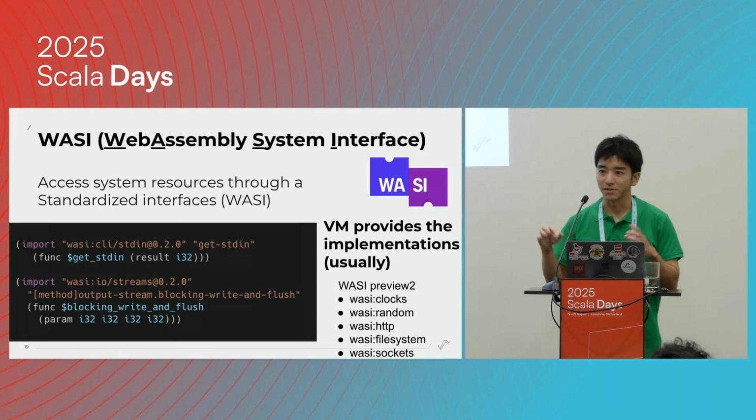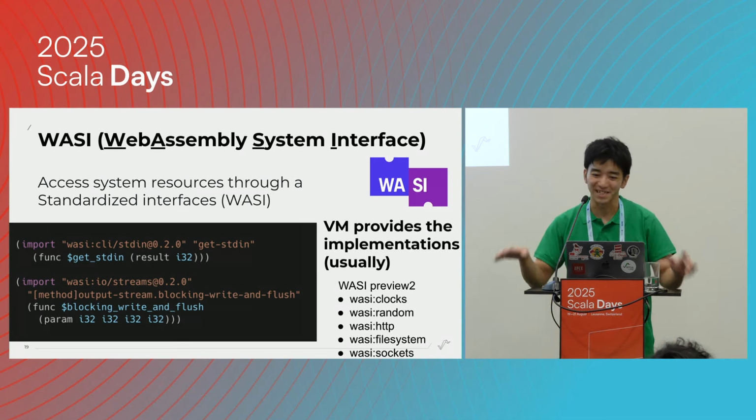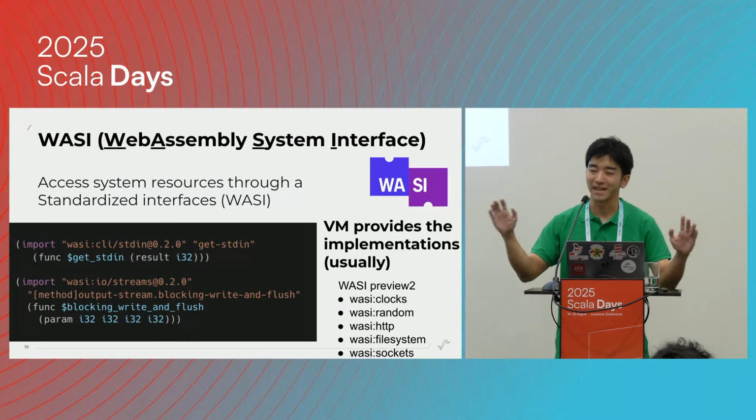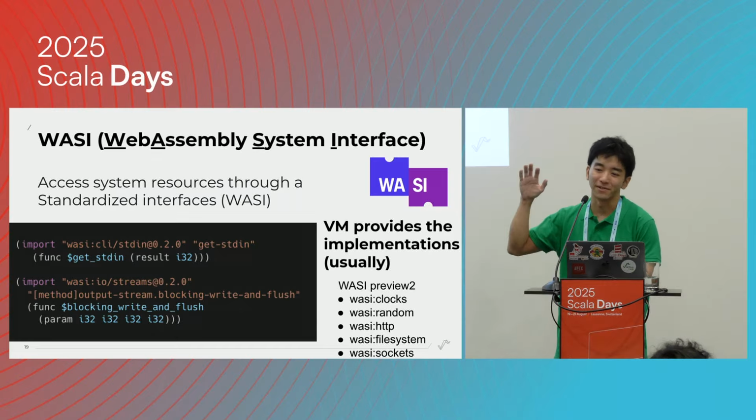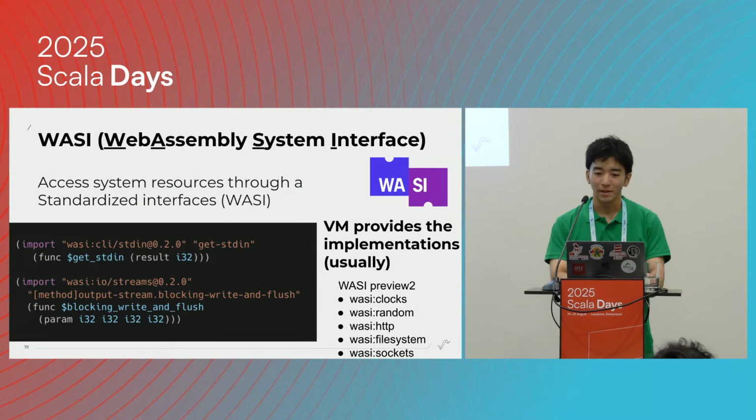And those implementations should be provided by Wasm VMs, usually. There's an exception case, but anyway. By using WASI, we have a standardized interface, so Wasm programs are going to be portable.